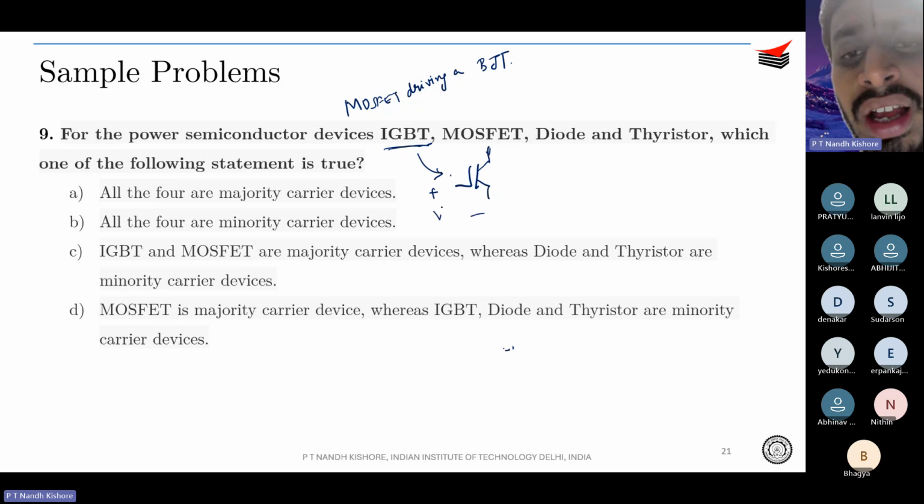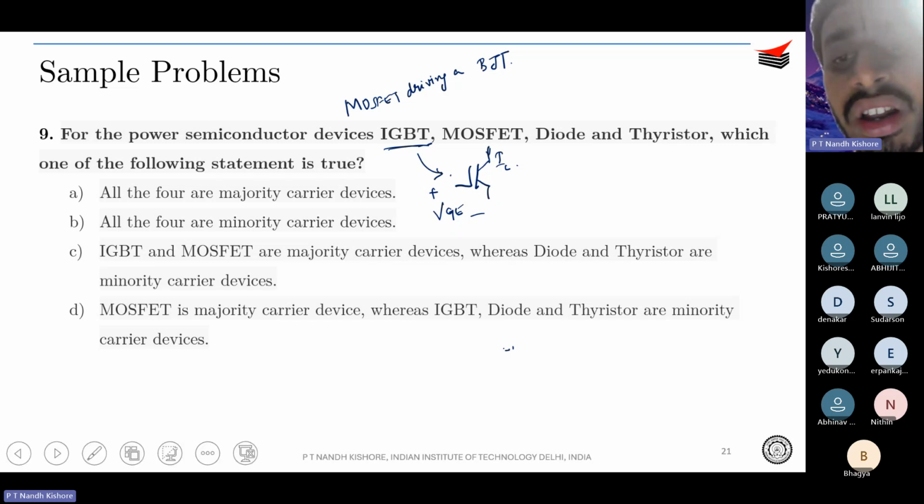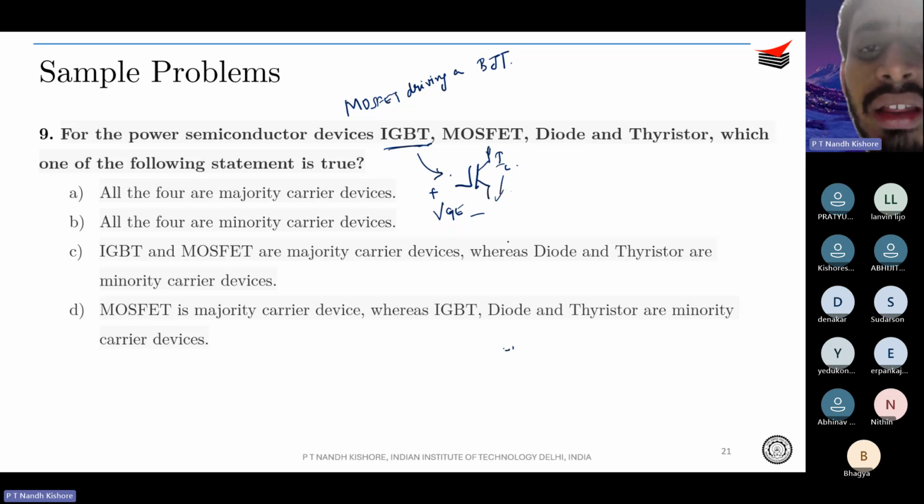So you apply a VGE and you control your IC. The point is that you have a BJT which is conducting the power current, so IGBT is a minority carrier device. MOSFET, as you may be well aware, is a majority carrier.